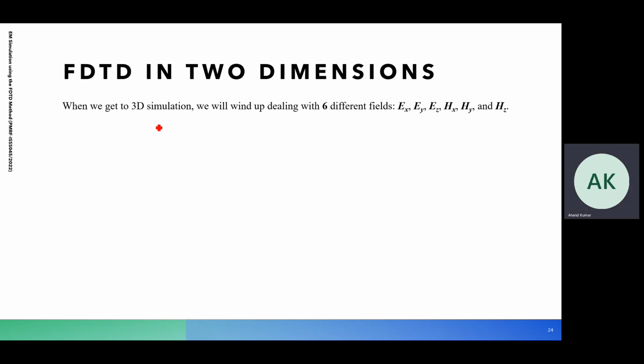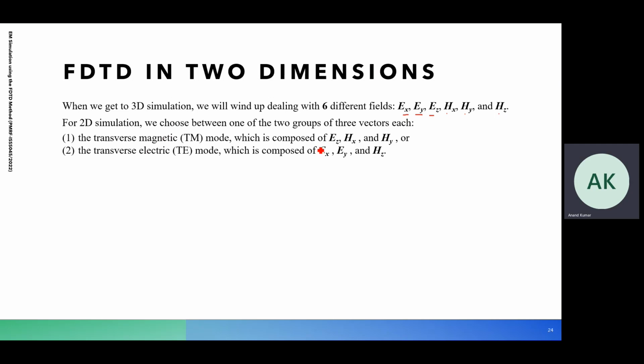When we get to 3D simulation, we'll have to deal with 6 components: the 3 components Ex, Ey, Ez for the electric field, and similarly for the magnetic field as well. But in case of 2D, we can choose from two groups of vectors, having 3 vectors each. One is the transverse magnetic mode, and one is the transverse electric mode.